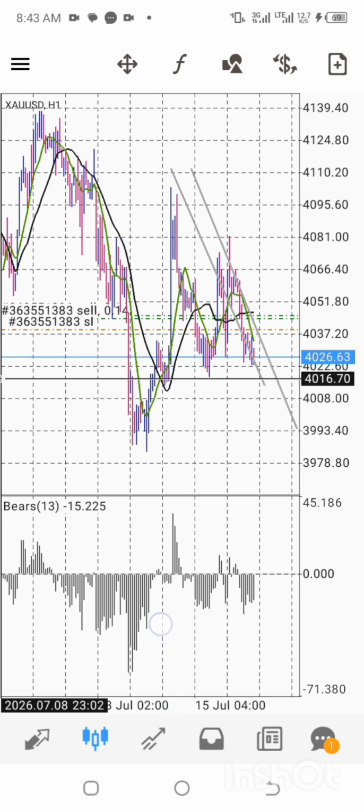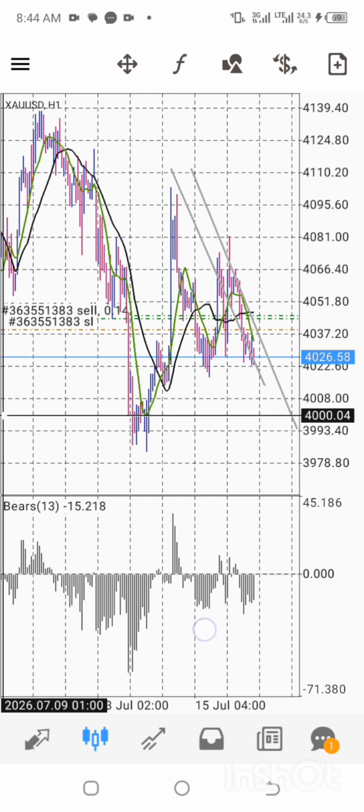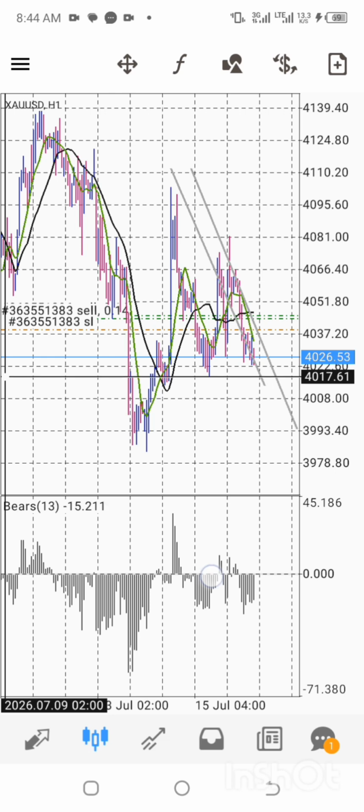We can set the first take profit here, let's say 40.13, and the second one here at 39.89. So it just depends on what you want. But I think the price will definitely get to 40.18.